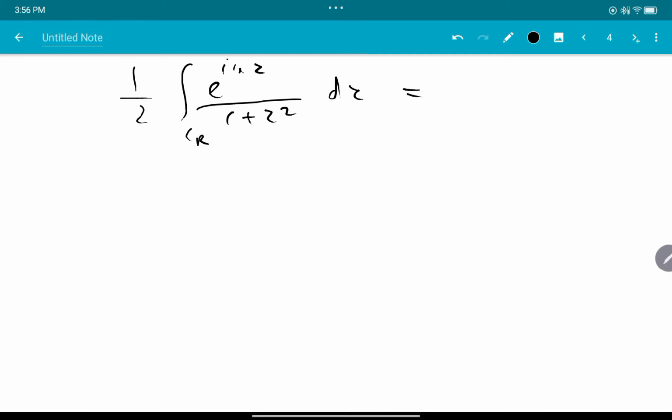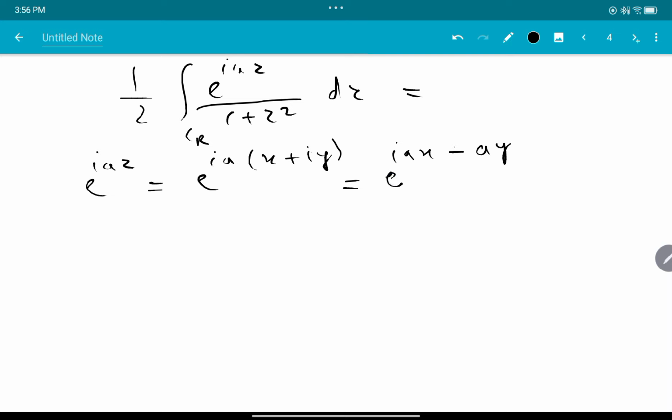So far as the factor e raised to I a z is concerned, in place of z I can write x plus iy, simply because it is a complex number. Then it is equal to e raised to I a x minus a y.